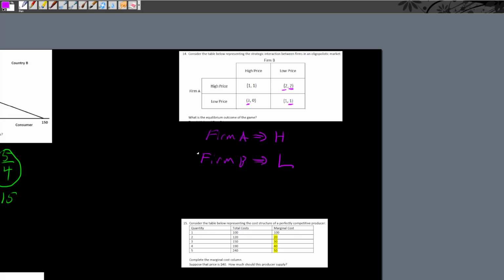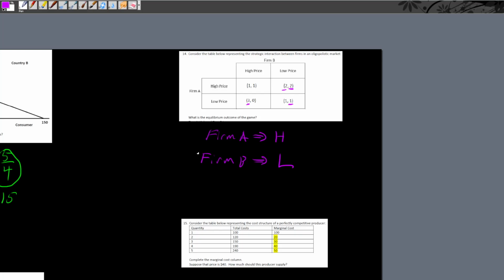So this is an example of a game with an asymmetric payoff structure that results in an asymmetric strategy, right? One firm chooses high and the other chooses low. And in the real world, we could tell a story about market segmentation here, where one firm targets a high price market and one firm targets a low price market.